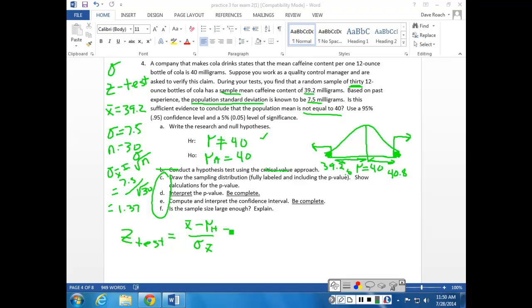So we're going to have 39.2 minus 40 over 1.37, and that's equal to 0.58.